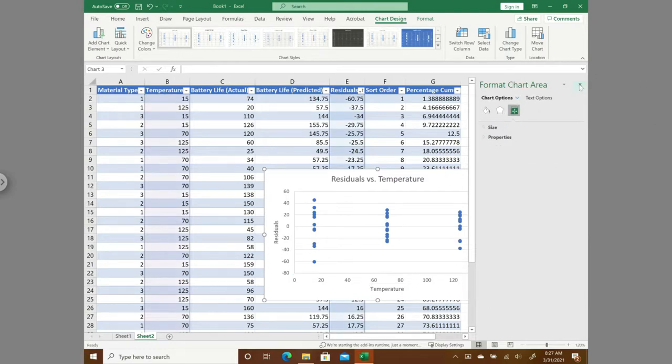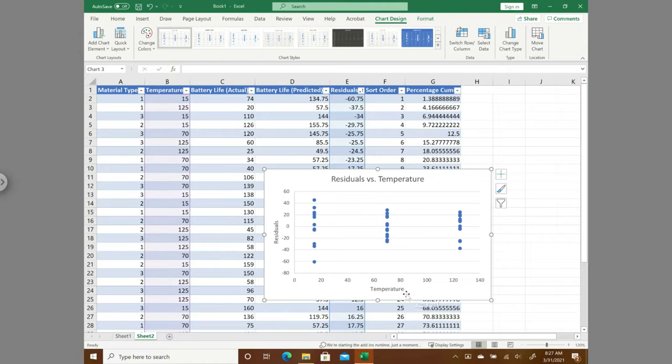It's a quantitative variable, so it's all good. As you can see, as I was saying before, at low temperature, 20 degrees Fahrenheit, our residuals have higher variance as compared to 70 degrees Fahrenheit and 125 degrees Fahrenheit. So that is something to look into.